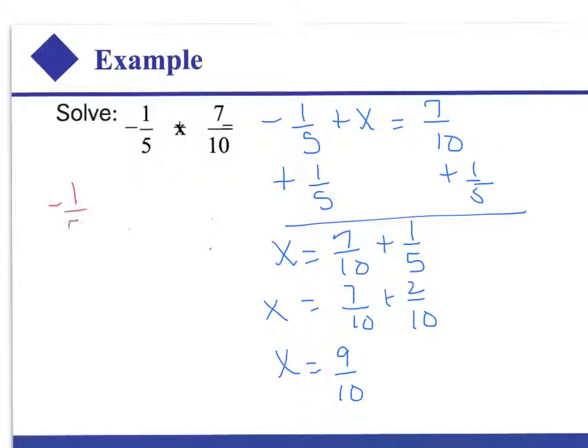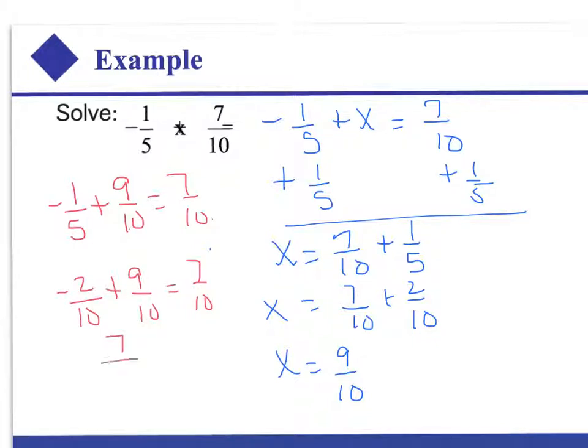Negative 1/5 plus 9/10 equals 7/10. Negative 1/5 converts to negative 2/10. So negative 2/10 plus 9/10 equals 7/10. 7/10 does equal 7/10. So 9/10 was our solution because this was true when you plug it back in to check.